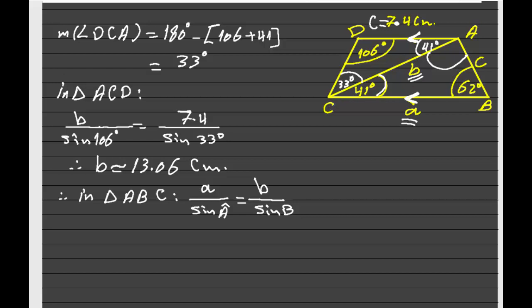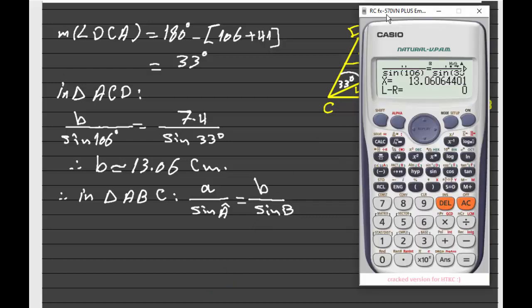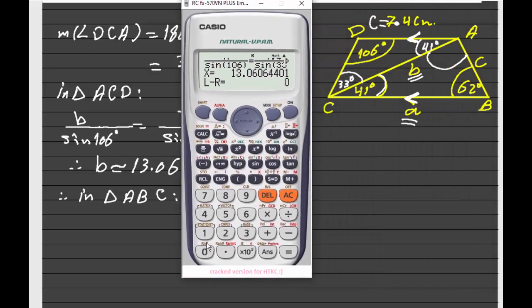It is CAB equals 180 degrees minus 41 plus 62. 41 plus 62, so the result equals 77 degrees. I write it.